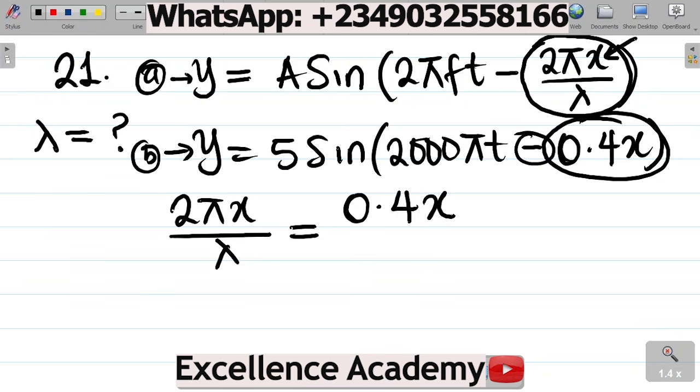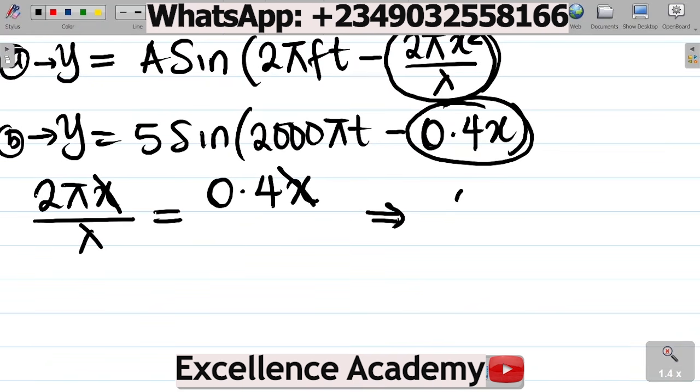Just pick out the terms that contain x. If I have the same thing on both sides of the equation, they'll cancel out. So x here will cancel x here, and this gives you 2 pi all over lambda is equal to 0.4.